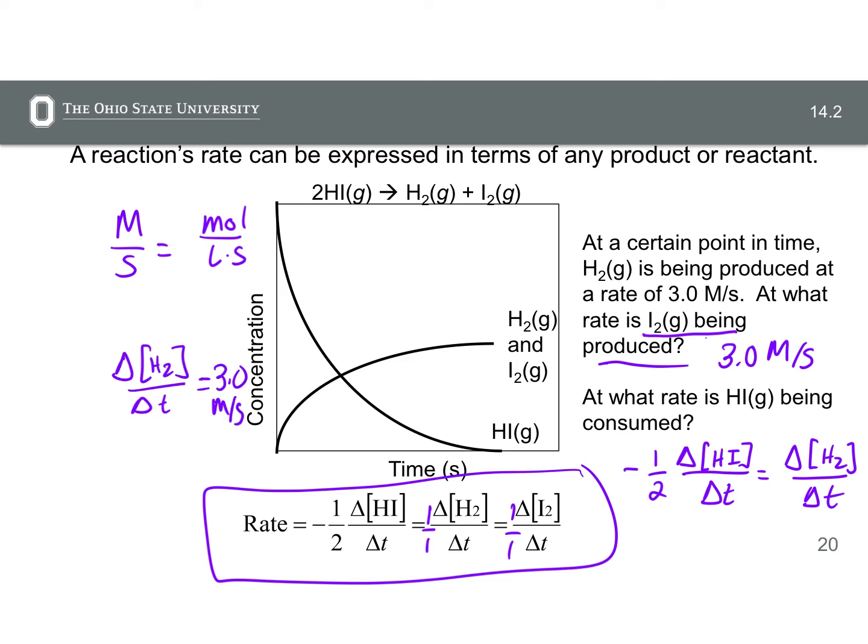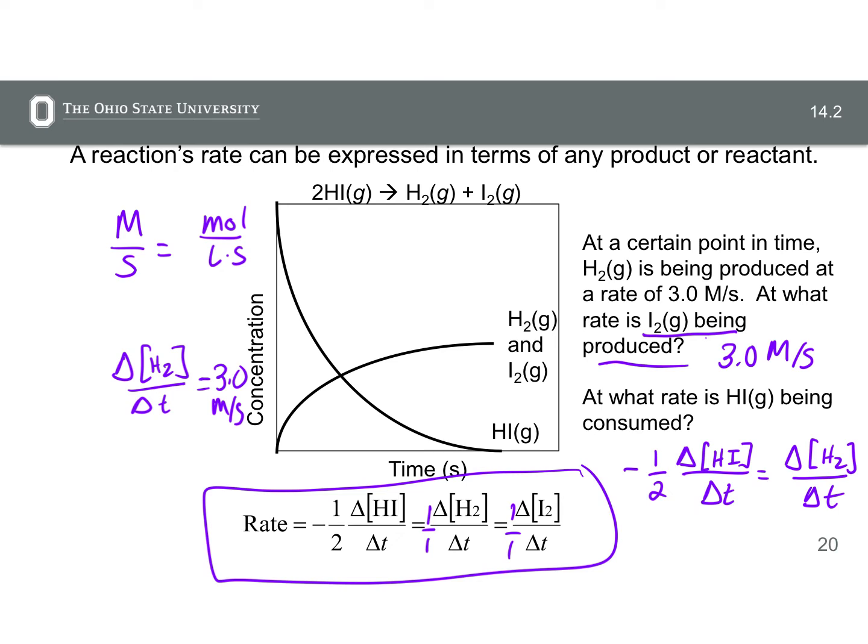So delta H2 over delta t equals 3 moles per liter per second, right? So the rate at a given time, for that same time period now, we should specify that. So at what rate is HI being consumed for that same given time period that we're looking at with H2? There's not really any other options for doing the math.